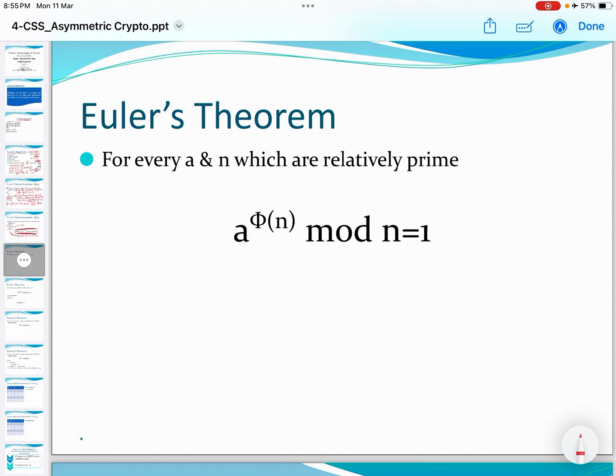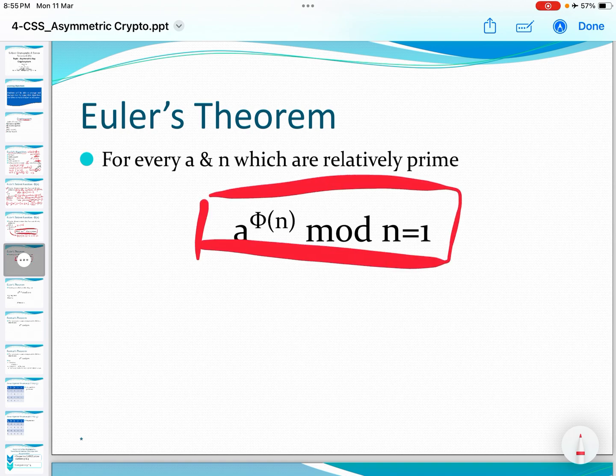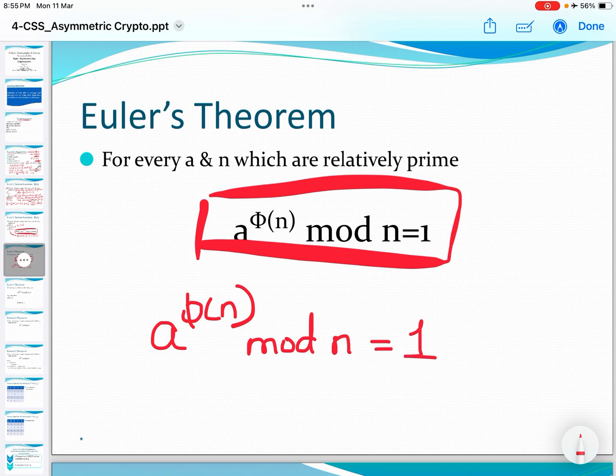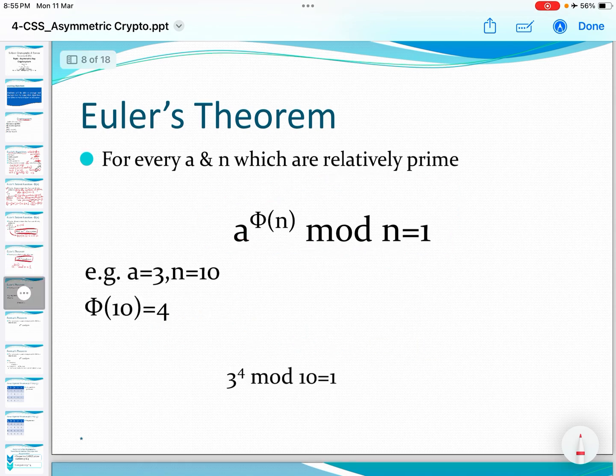Euler's theorem. So what is Euler's theorem? For every a and n which are relatively prime, the formula is a raised to the Euler's totient function of n, mod n, equal to 1. So for Euler's theorem, we have to find for a equal to 3, n equal to 10.